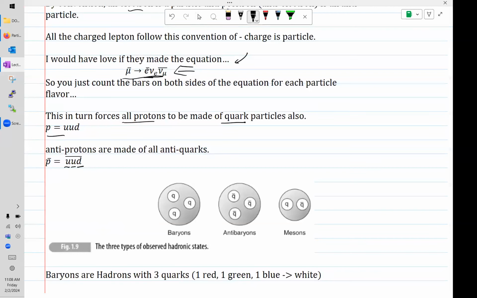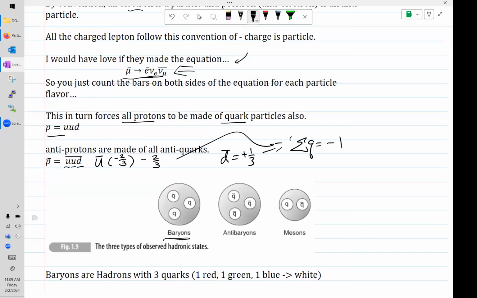An anti-up quark is basically an up quark, but instead of having a charge of positive 2/3, it has a charge of negative 2/3. Then you have another one that's also negative 2/3. But the anti-down quark has a charge of positive 1/3, and therefore all these charges sum up to -1.